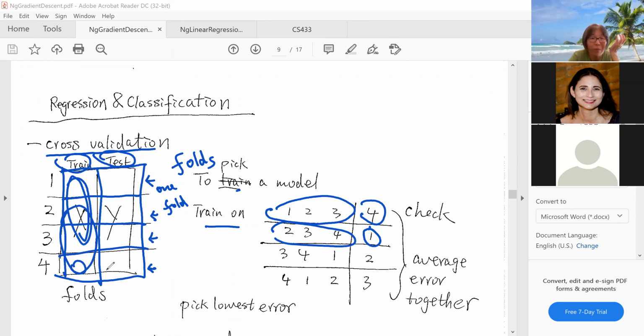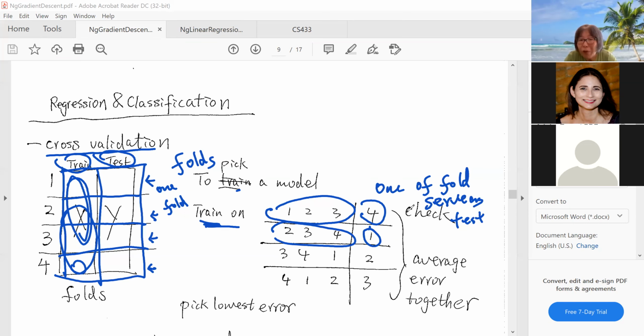So you pick different combinations of the folds, and one fold serves as testing, and the other 3 serve for training, okay?